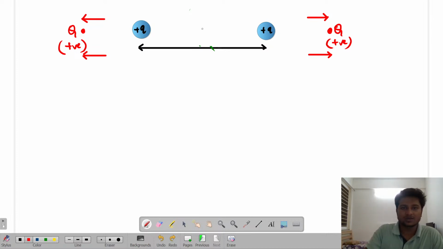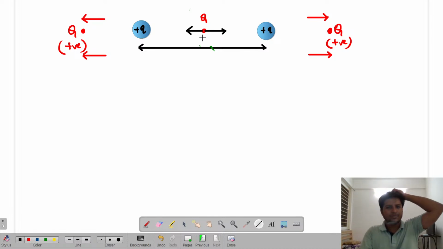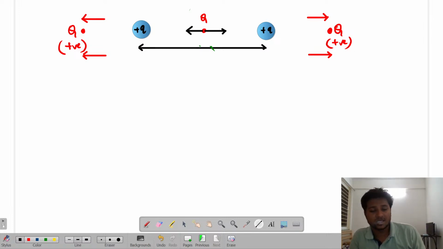Now if I place the third charge over here, what you're going to observe is that this plus q is trying to repel this q towards the right side, while this plus q is trying to repel this charge towards the left side. So these forces can definitely balance by applying some condition, and then the system can regain its equilibrium.